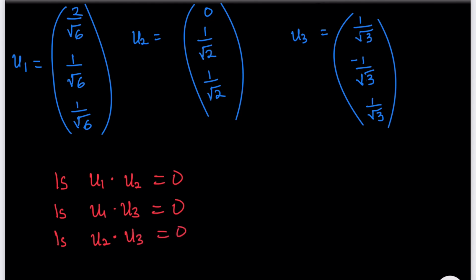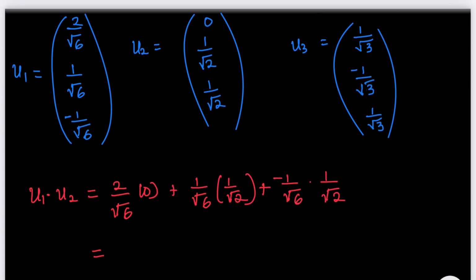So now these are the questions that we should ask. This expression simplifies to 1 over root of 12 minus 1 over root of 12, which in turn is equal to 0. So u1 and u2 are orthogonal vectors.